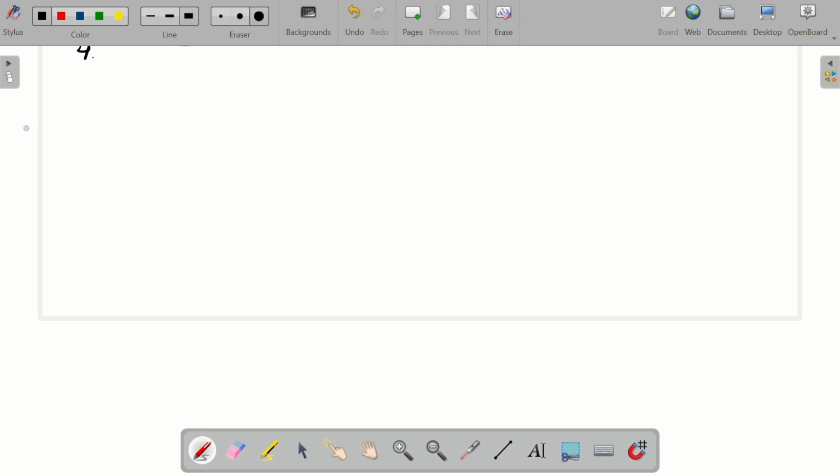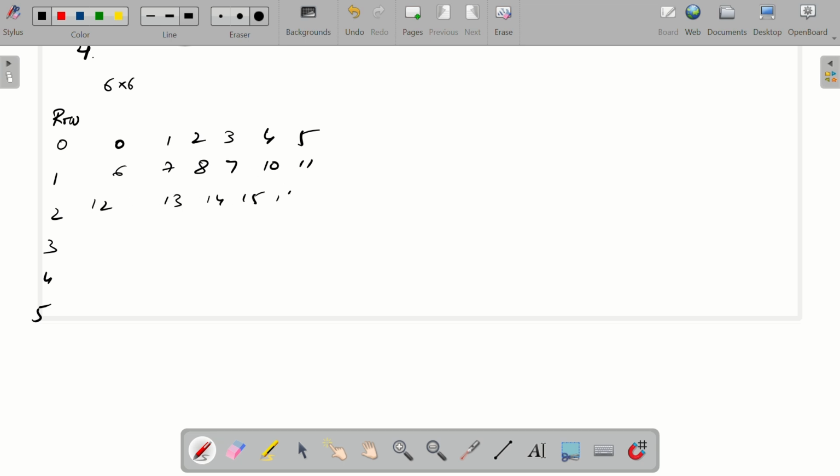Let's say you have an image which is 6 cross 6. So you have rows 0, 1, 2, 3, 4, 5. So this is the address of this image: 12, 13, 14.